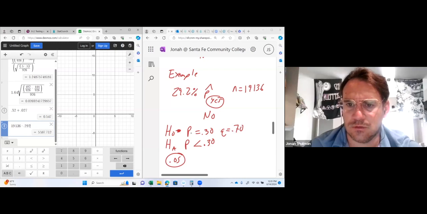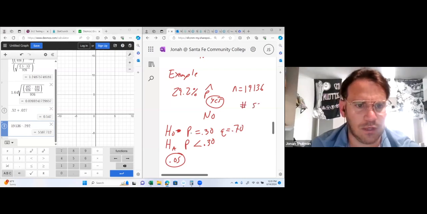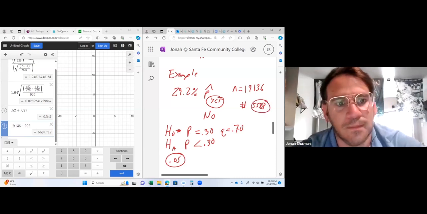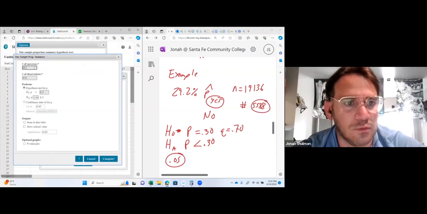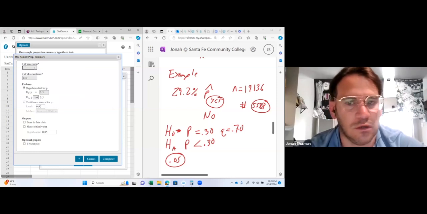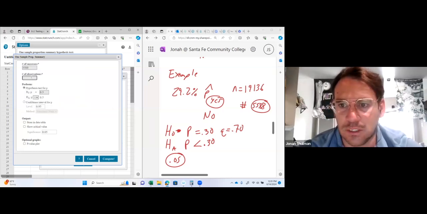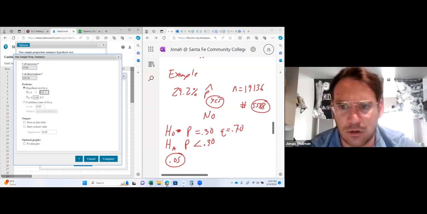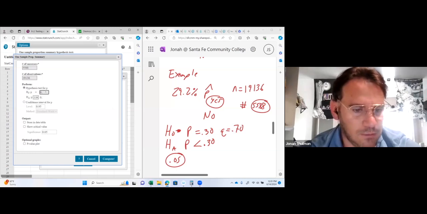This means our actual value of number of successes is 5588. You always round up with people. You can't have 70% of a person. I don't care how small they are. So 5588. My number of observations was 19136. Our hypothesis testing, our p is going to be 0.3.